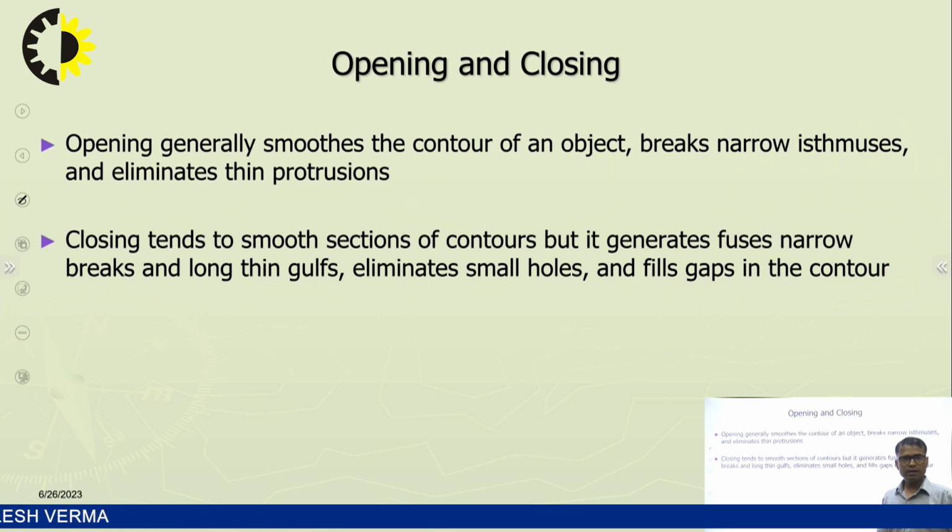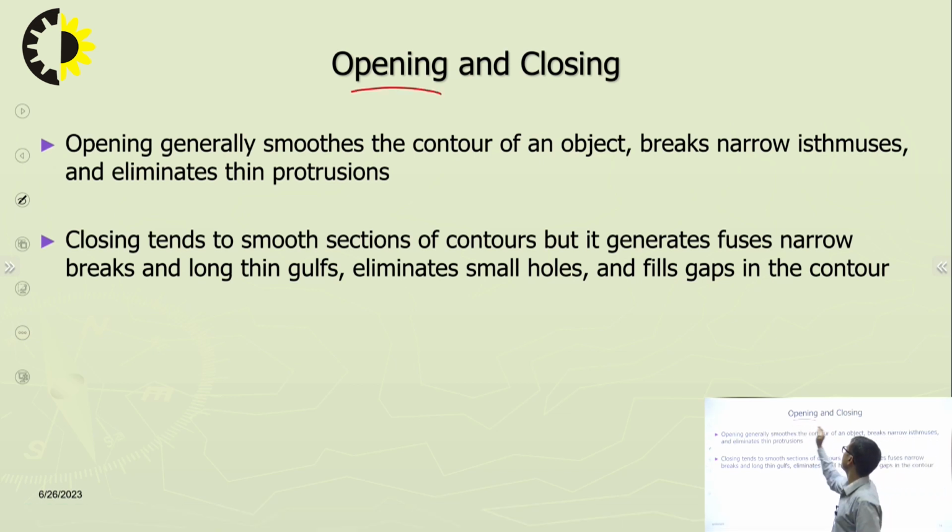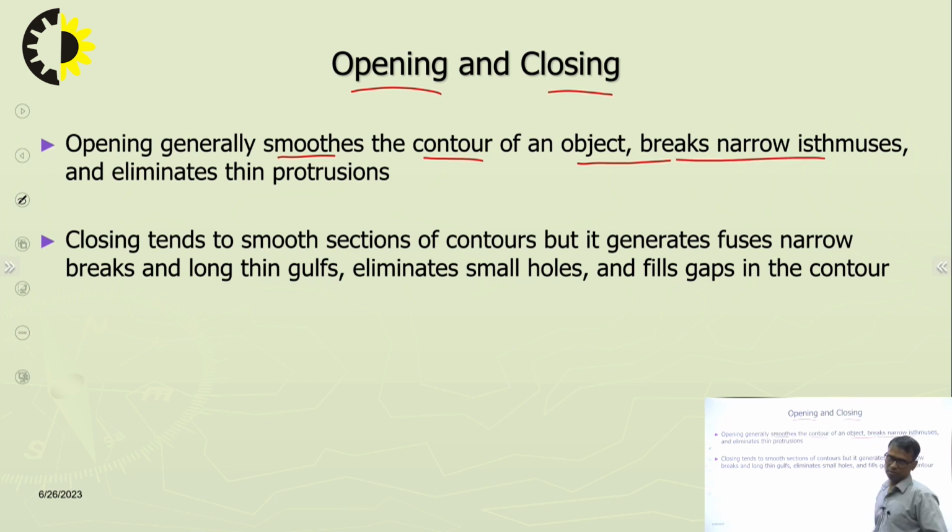Now after erosion and dilation, we have another operation that is called opening and closing, and these are very interesting operations. Opening generally smooths the contours of an object, breaks the narrow isthmus and eliminates the protrusions.